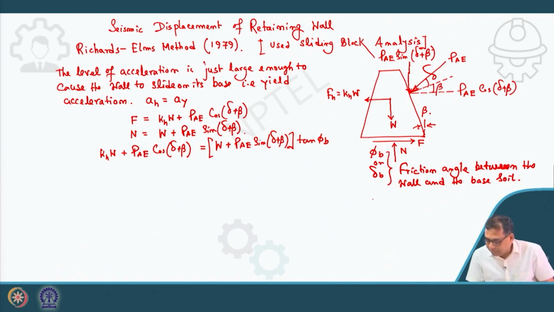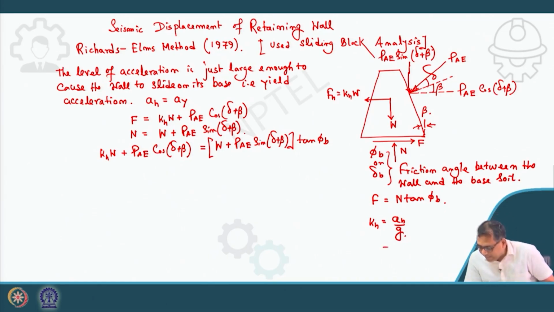Because F will be equal to N tan phi b or delta b, that is why it is written. Now, what is FH? You know that KH is equal to AH divided by G. Now, our AH is AY, that is the yield acceleration.